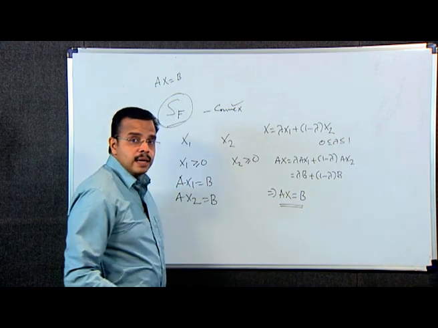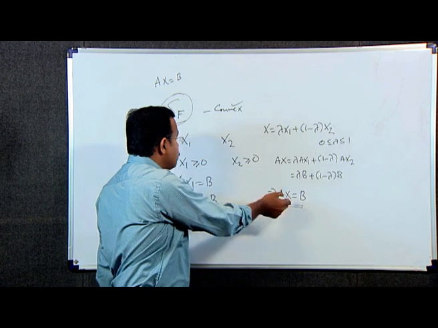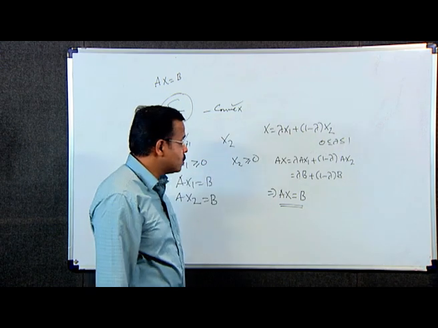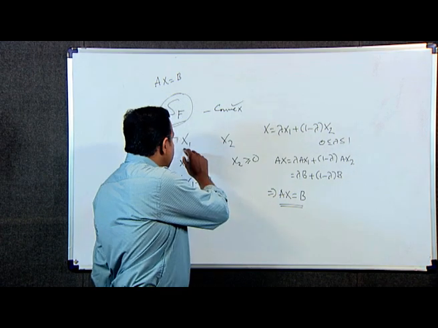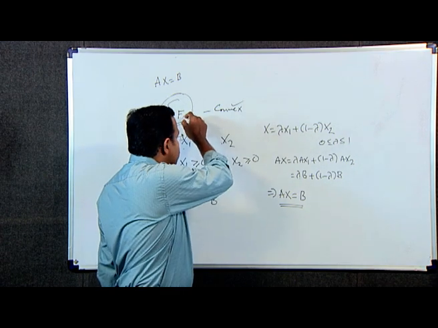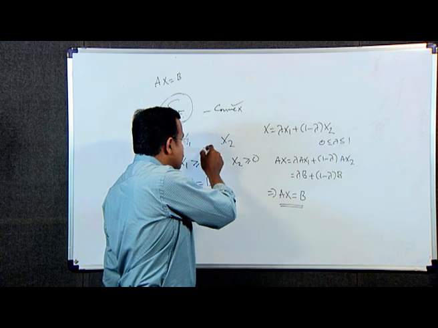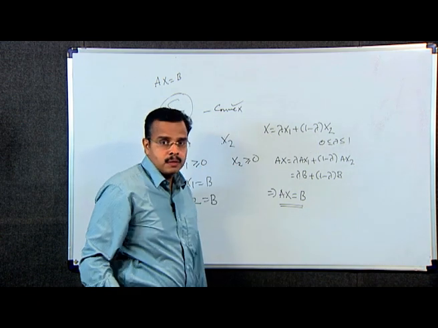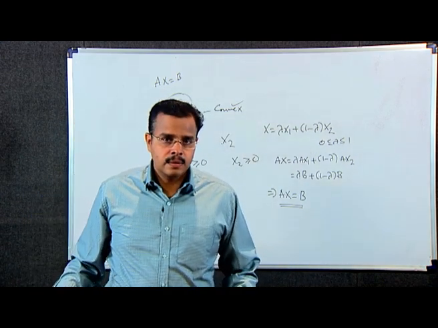That means x also belongs to the set of feasible solutions SF, because Ax equals b. If x1, x2 belong to SF and any convex linear combination of x1, x2 also belongs to SF, then we can conclude SF is a convex set.